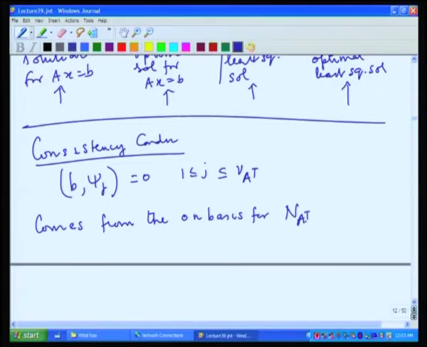So, first, a priori, the consistency conditions are determined for the basis that we have chosen for the null space of A transpose. Okay.